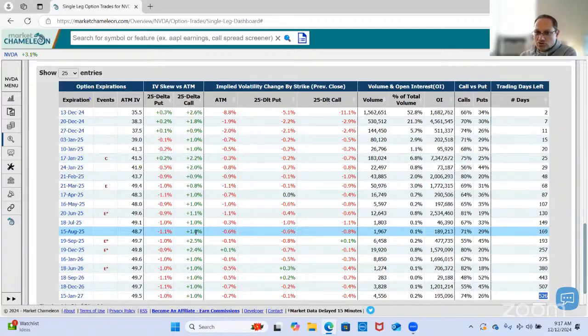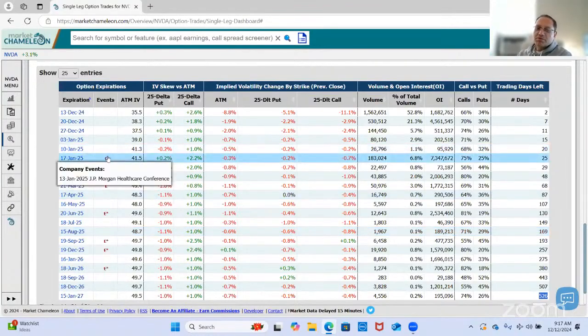If you think about earnings, earnings can create more volatility because there's an unknown. They release earnings and the price of the stock gets repriced. So it's important to reference if there's anything specific to the stock that could create more volatility, and that will be in this column, events.